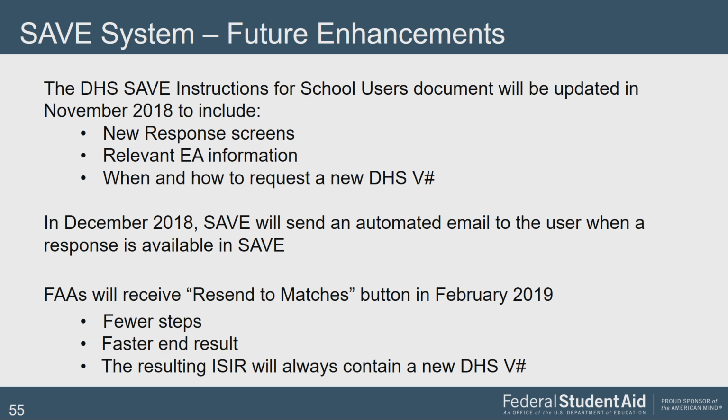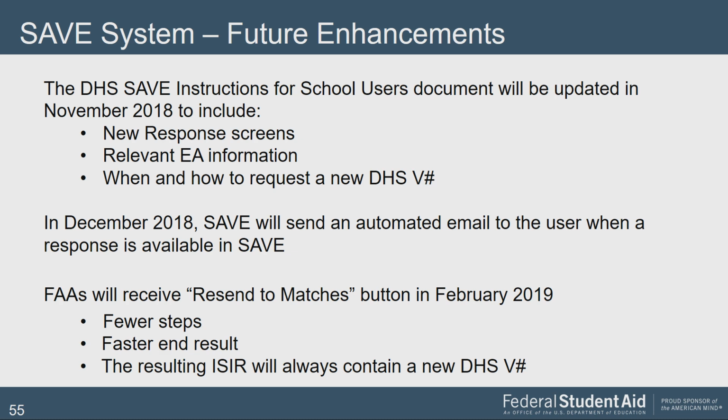So let me just tell you about some future enhancements. The DHS SAVE Instructions for School document will be updated next week, as I said before, and this will include the new response screens I covered in this presentation, more or less in the same order, and all the setup instructions that I didn't cover in the presentation. December 16th, SAVE will send an automated email response to the user when a response is available in SAVE.